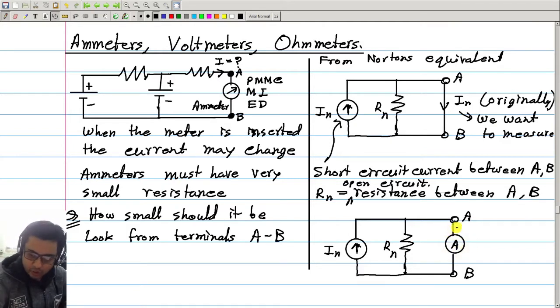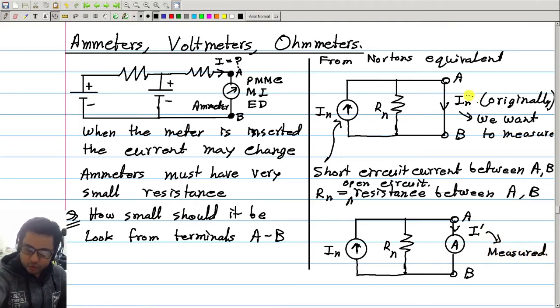Okay, and now say the current that is flowing is I prime, and this is the value that we are measuring. So we wanted to measure IN, and this is what we are actually measuring. Now the question is, are these two equal, and if not, how much is the difference?